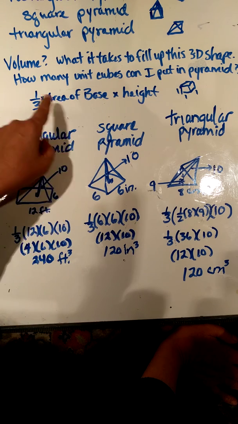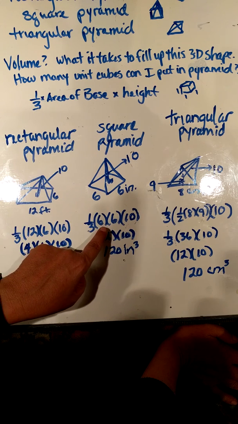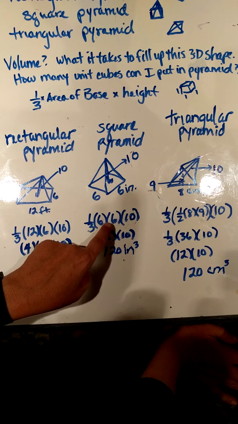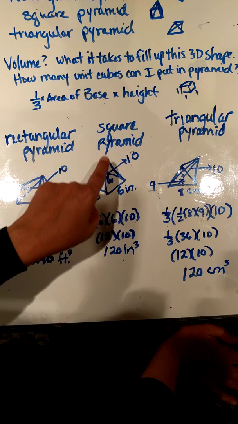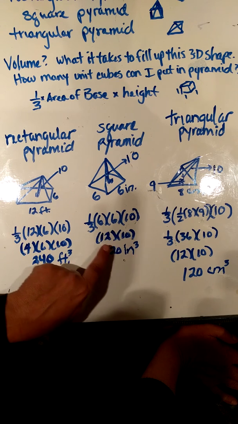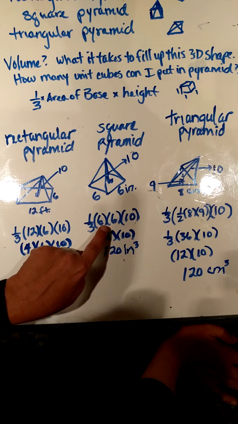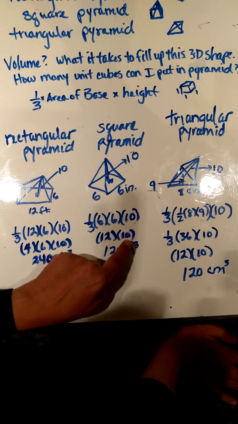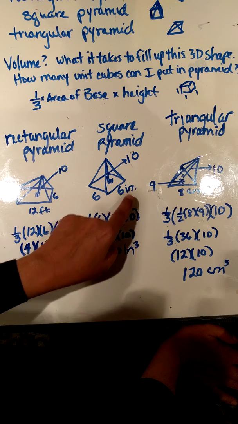So the way you calculate that is you say 1/3 times 6, which is the area of the base, which is a square, times the height, which is 10. And that would be 1/3 of 6 is 2. And 2 times 6 is 12, and times 10 is 120. And this would be inches cubed.